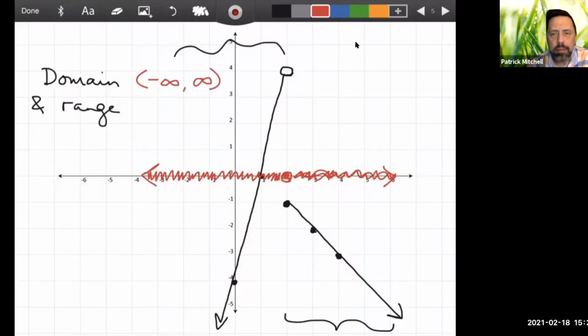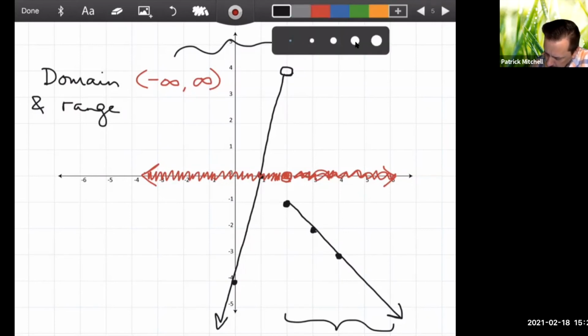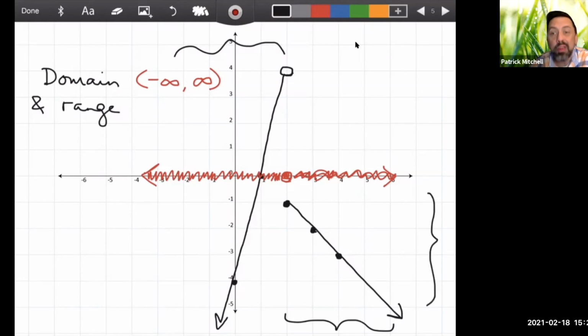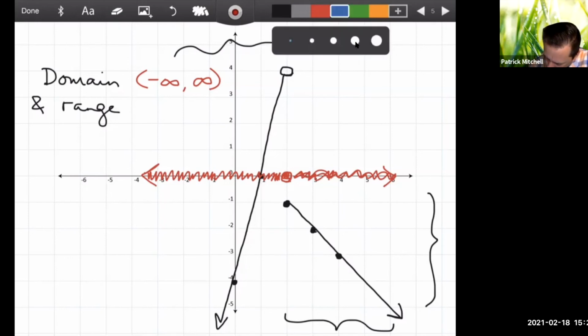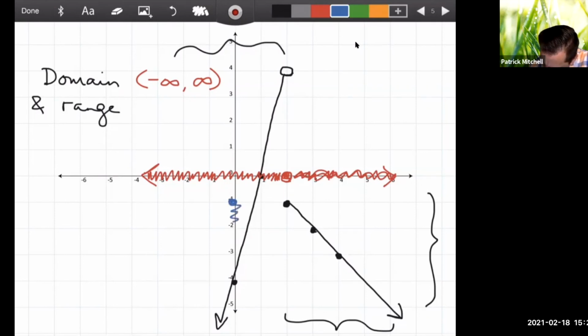All right, so now let's talk about the range. I'll do the range in blue. If we were to squash this piece onto the y-axis, that would give me this point all the way down, and then forever and ever.